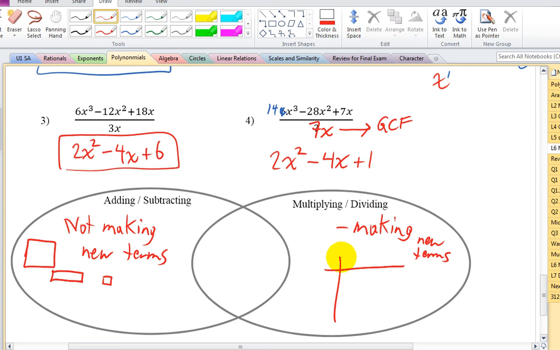So for example, if we have x times x, you are making x squared. If you have x times 1, you're making an x. So those are new terms. Or dividing, you're making new terms. But what they have in similarity is that you cannot combine unlike terms.